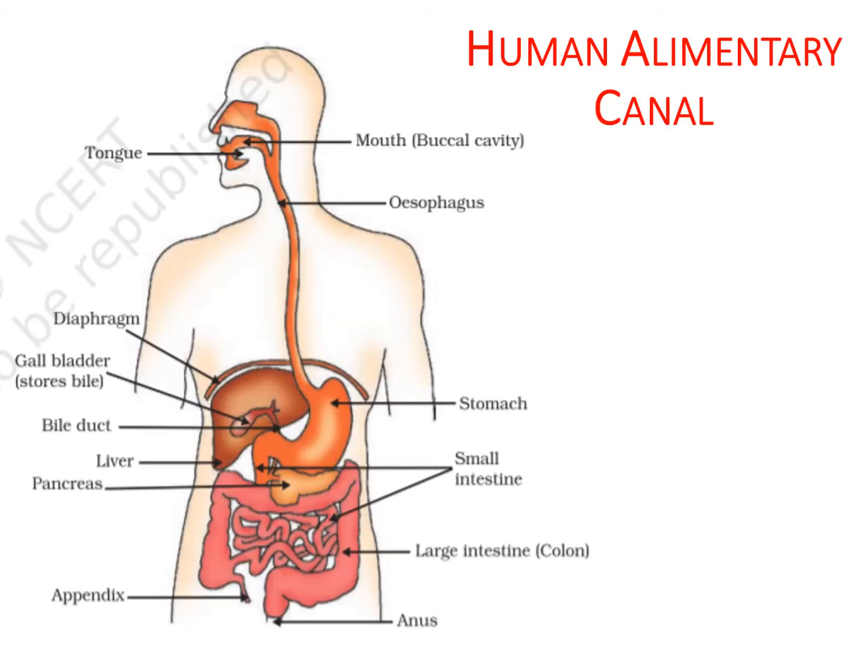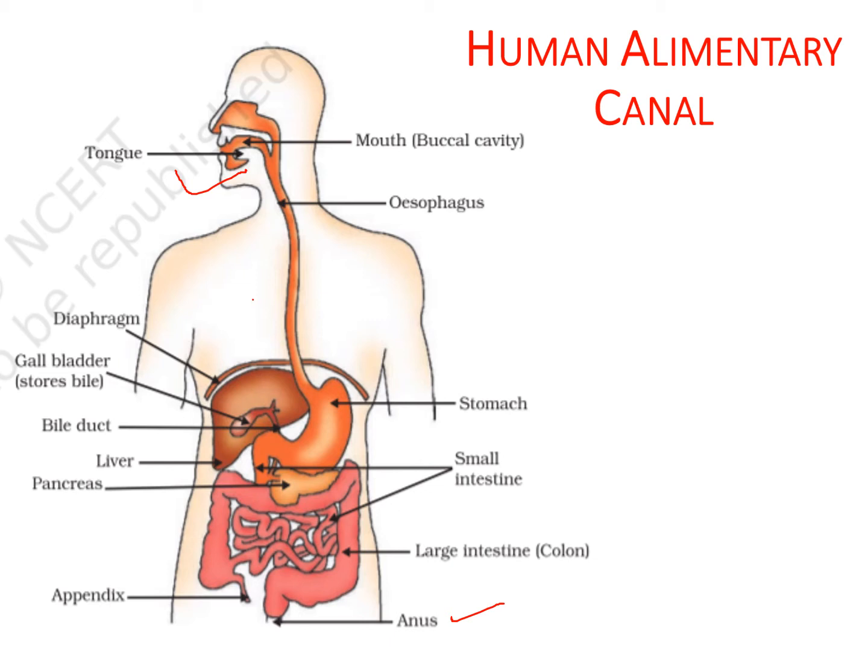Now here in this diagram, we are seeing the human alimentary canal, which we have been studying even in the lower classes. The alimentary canal starts from the mouth and it extends to the anus.